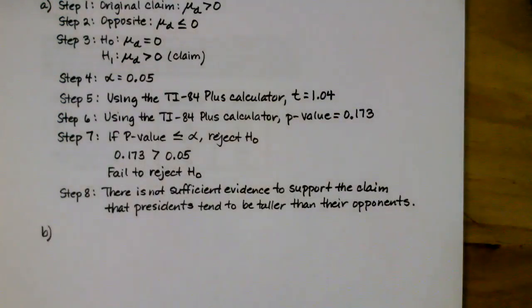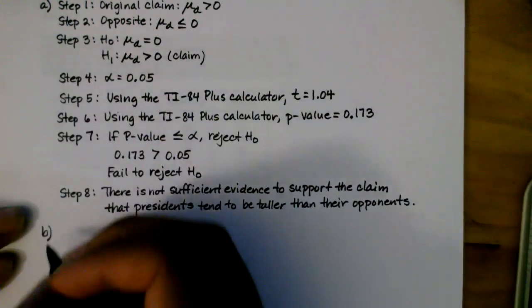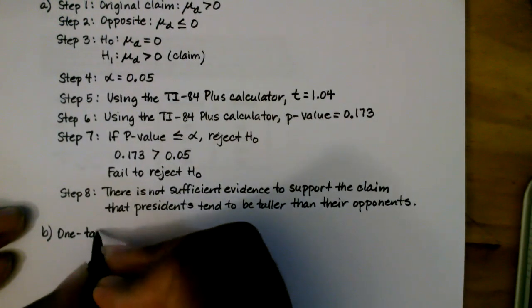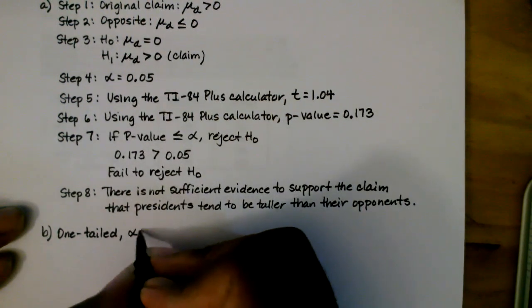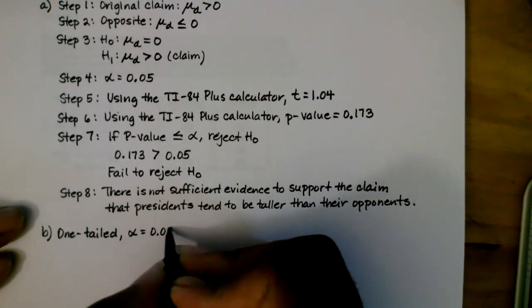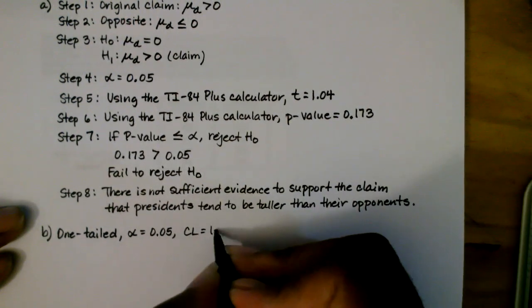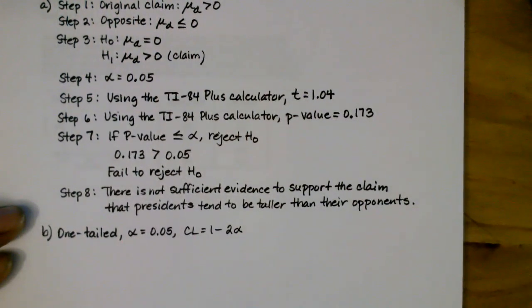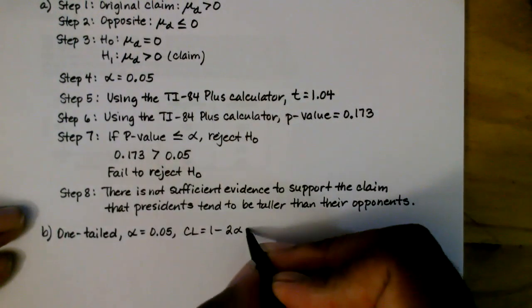Okay, so before we do this, greater than means we have a one-tailed test, or more specifically, a right-tailed test. And my alpha level is still 0.05. So that means the confidence level is going to be 1 minus 2 times alpha, because it is a one-tailed test at the 0.05 level.